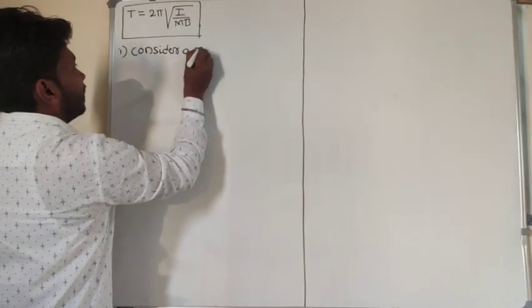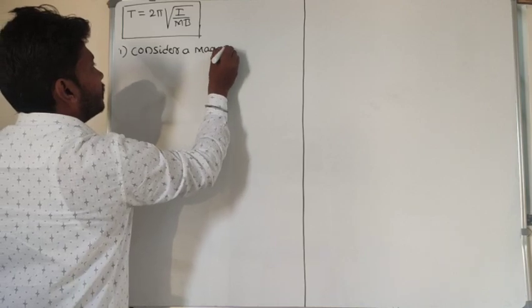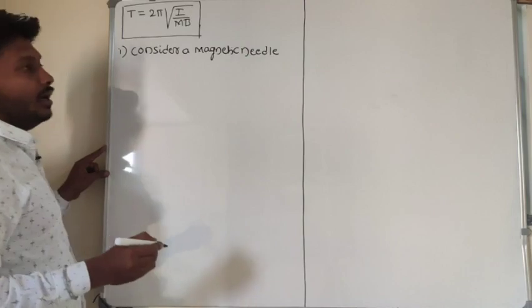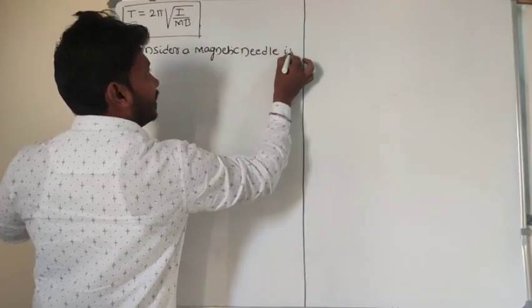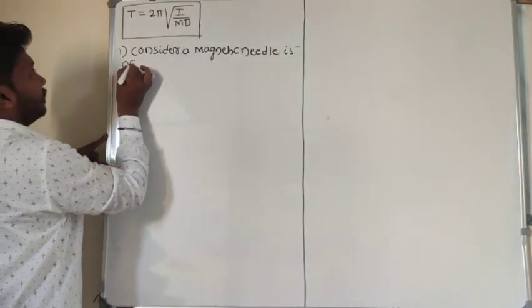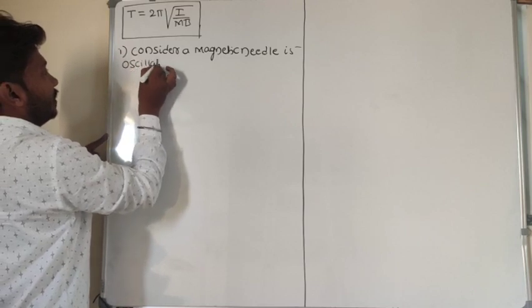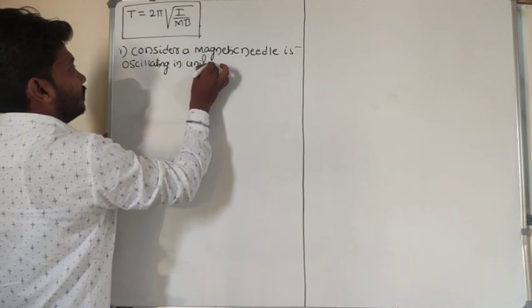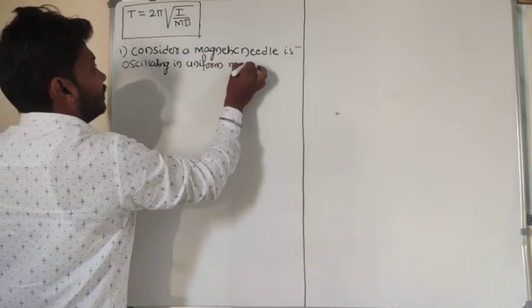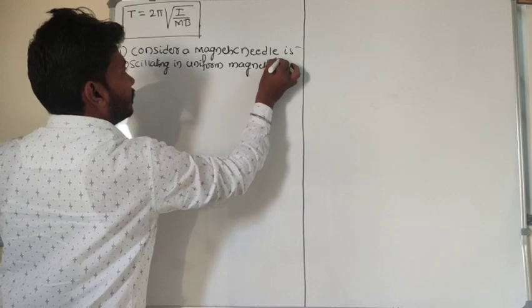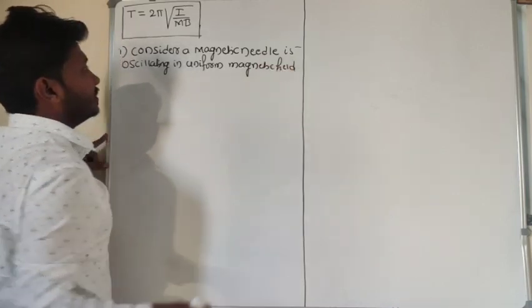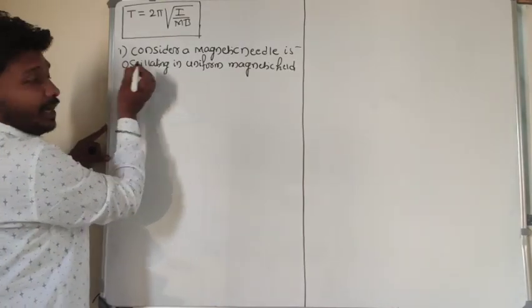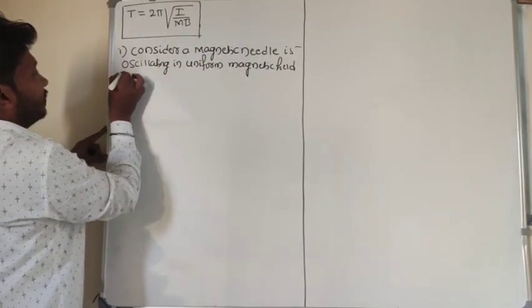Consider a magnetic needle. That needle is oscillating in a uniform magnetic field, and the time taken I will take as t1.